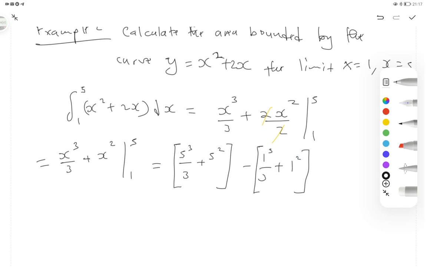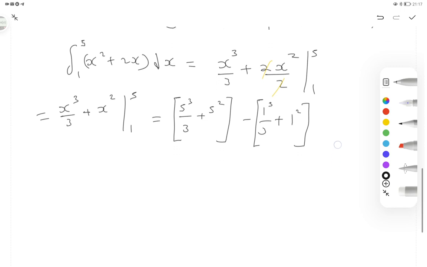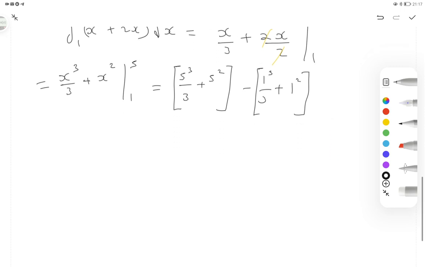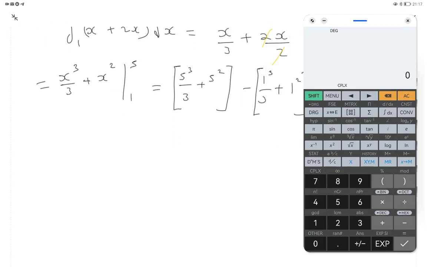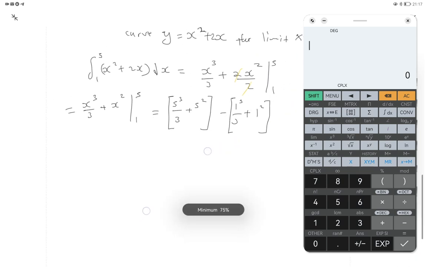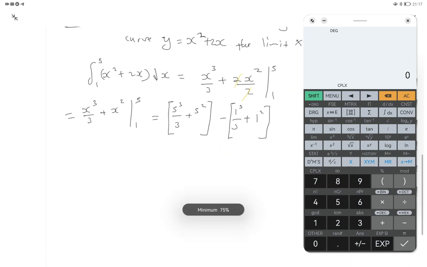So let's bring our calculator here to make sure that everything is going smoothly and we're not making mistakes. I brought my calculator. Let me make this one smaller. On this calculator we'll put everything in, to make things easy and simple. We start with the brackets, then we have fractions.